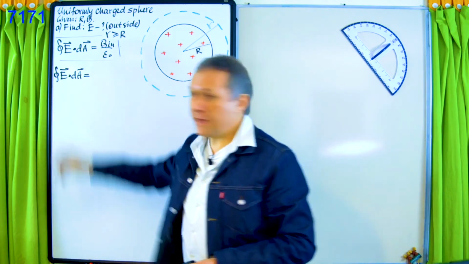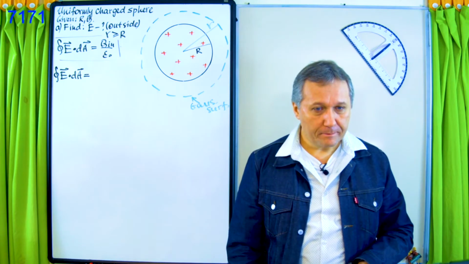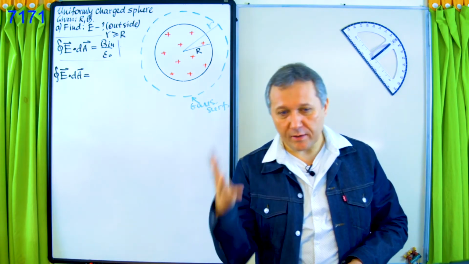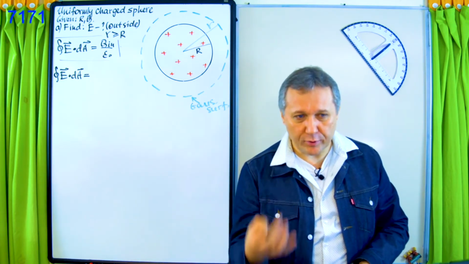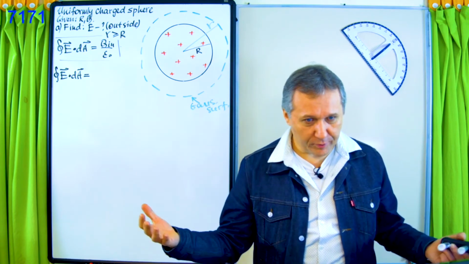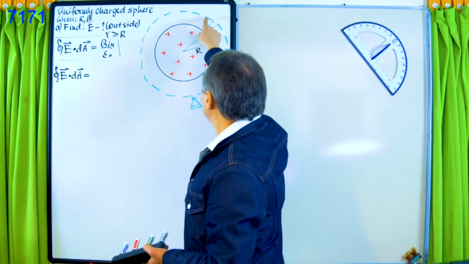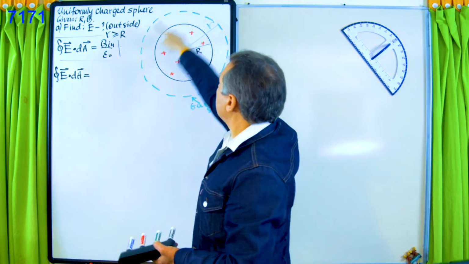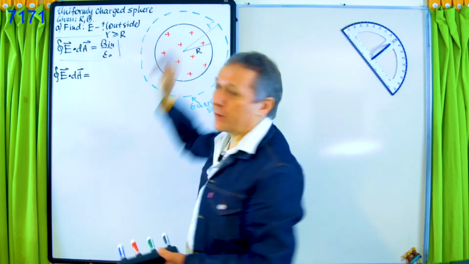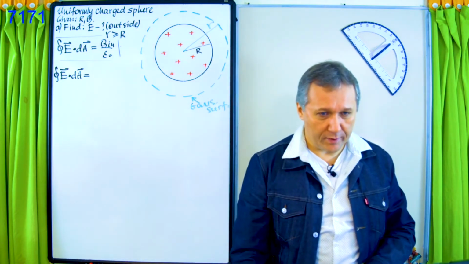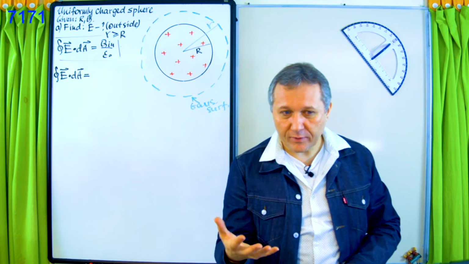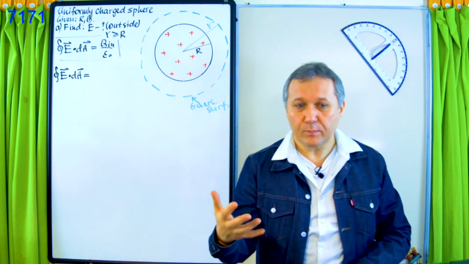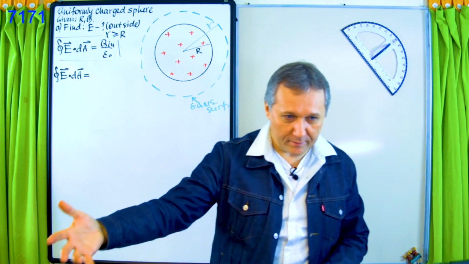Let's start with dA, right? You remember, first, dA is an area vector. It must be perpendicular to the surface. Since this is a sphere, dA will be radial. Then the second, you remember the convention that the area vector must point toward the outside, right?